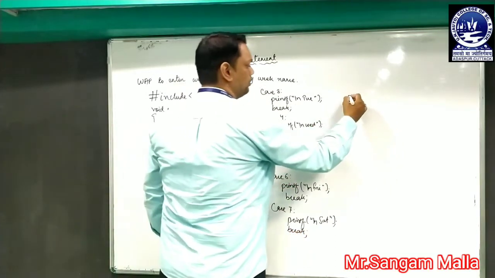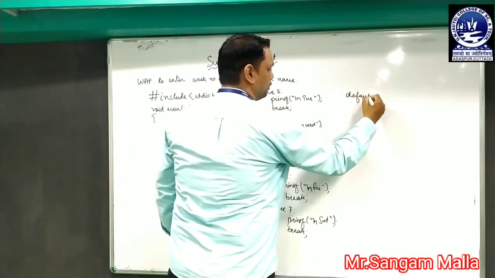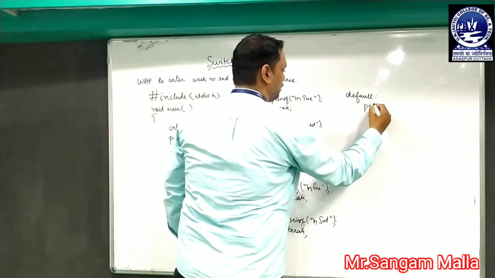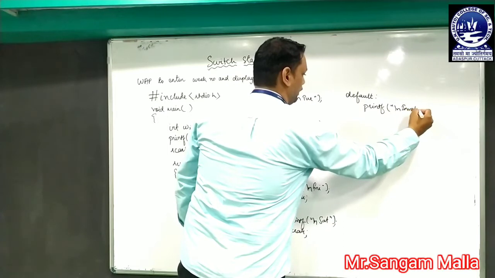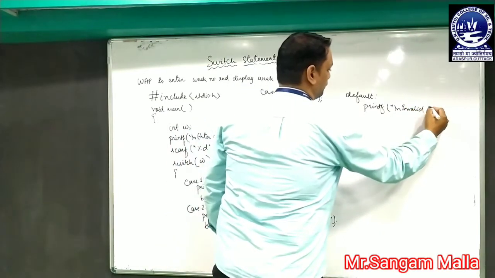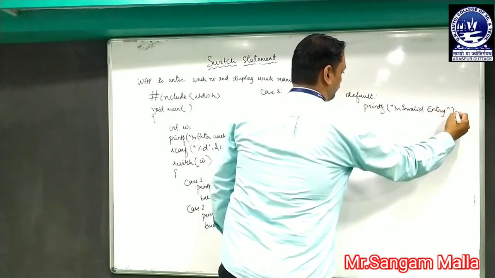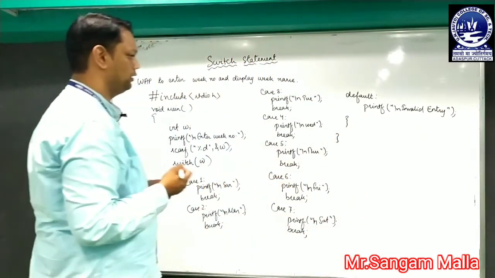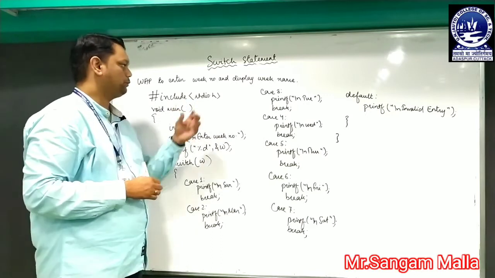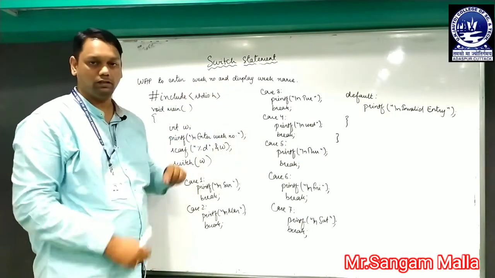Finally we will have default. If any of the conditions will return false, then we will write invalid entry. Then the switch will close over here, then the void main will close over here. So our program is to enter a week number and display the week name.